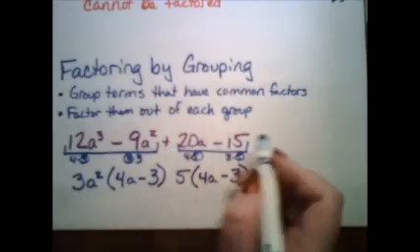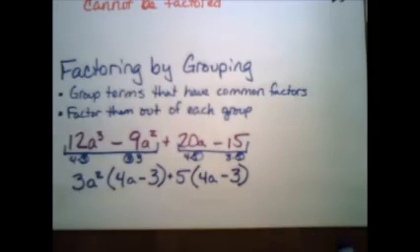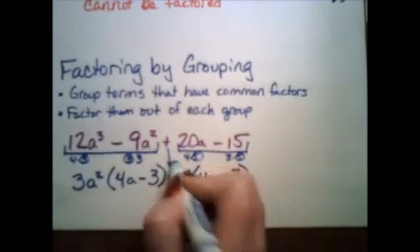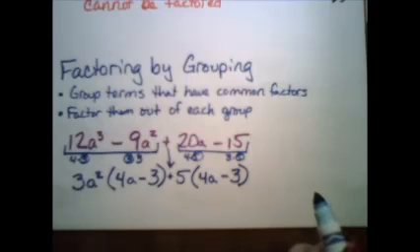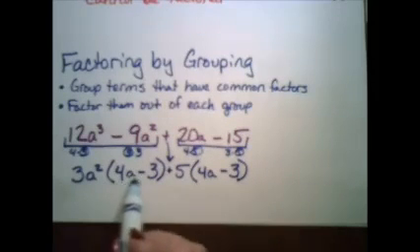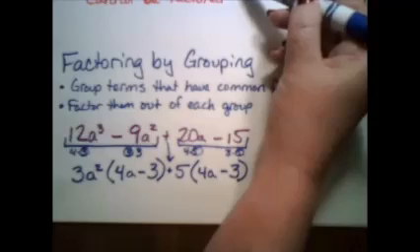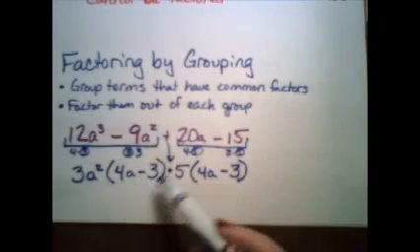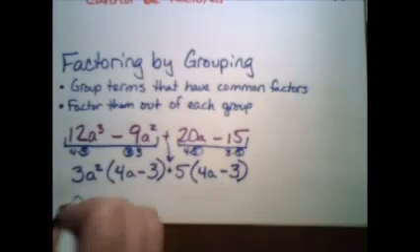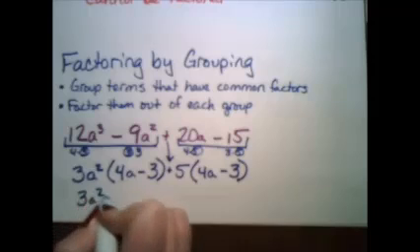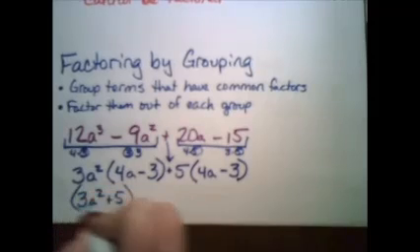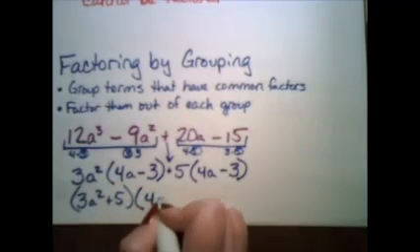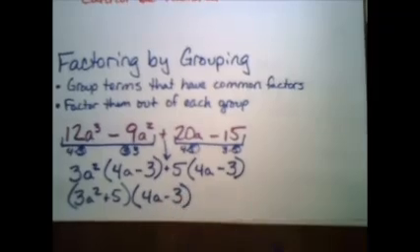And this is a positive number, so we're going to bring that plus sign right down. And so now look what we have. This is where we used to be. So we get to do one extra step in the beginning. So now we're going to say 3a squared plus 5 times 4a minus 3.